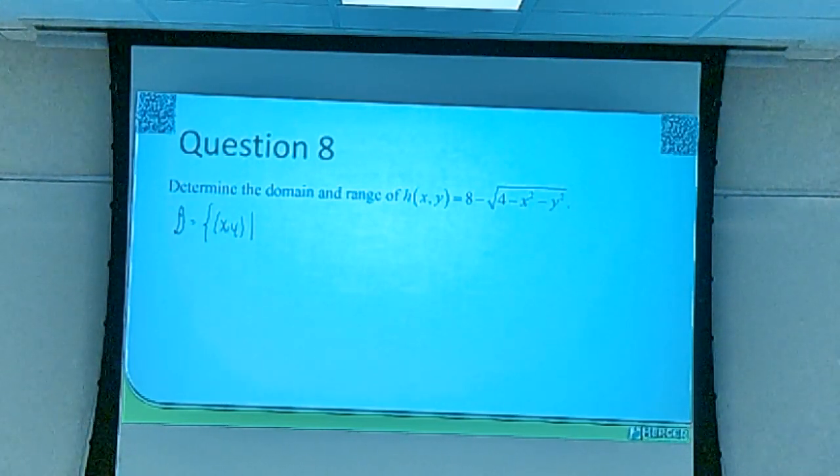What has to be positive? What you're taking the square root of. Just positive? No. Here it can be 0. Not negative. Yeah.